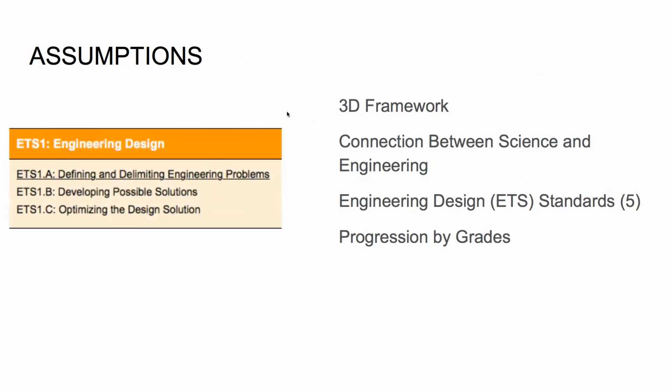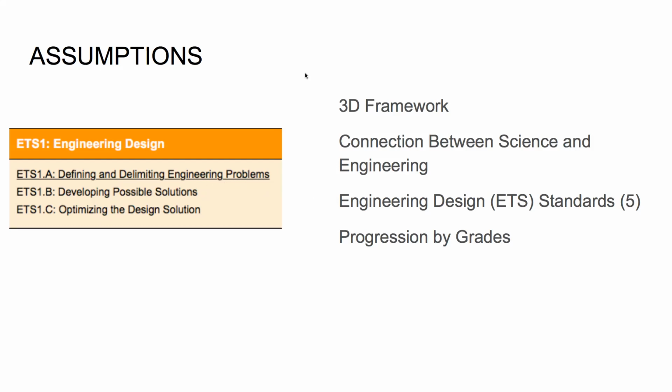Third assumption is that we are beginning to understand the engineering design standards, right? The engineering, technology, and science standards. There are 5 of them here currently. We have 3 of them. Today, we're really going to be looking at ETS 1B, developing possible solutions, and we'll briefly mention these other 2 as well.